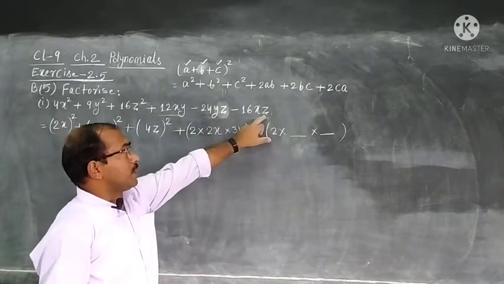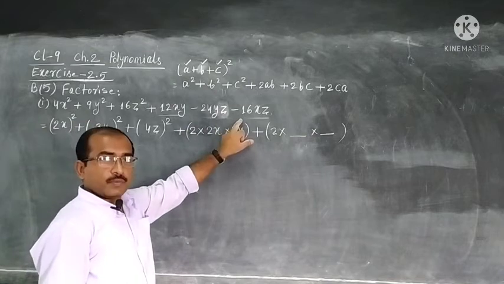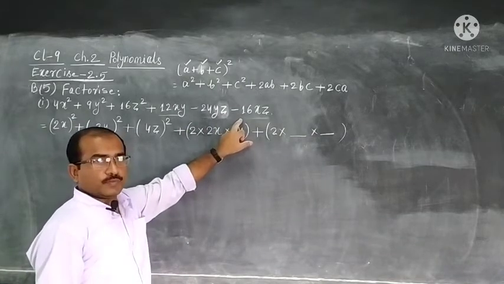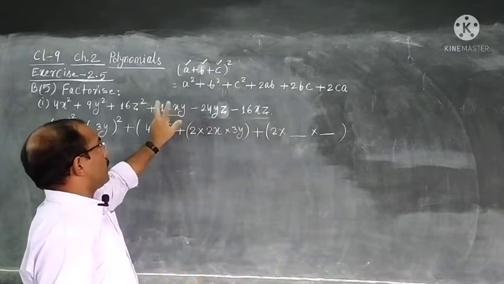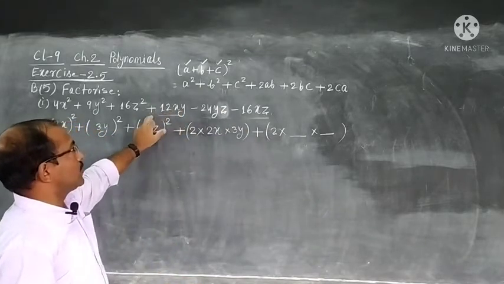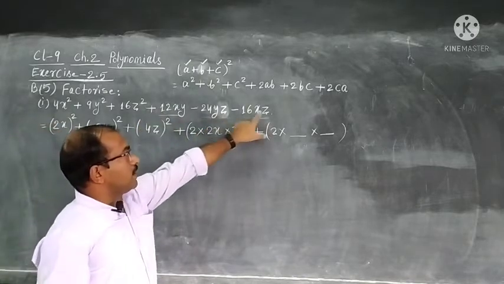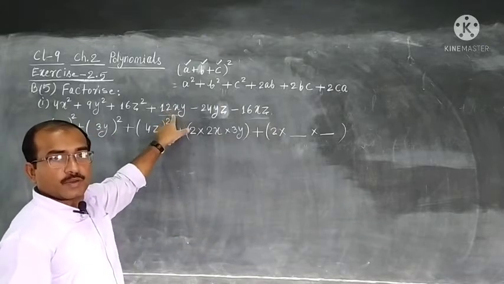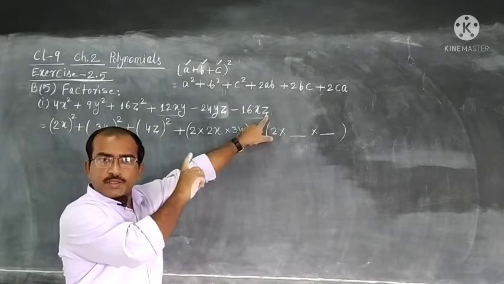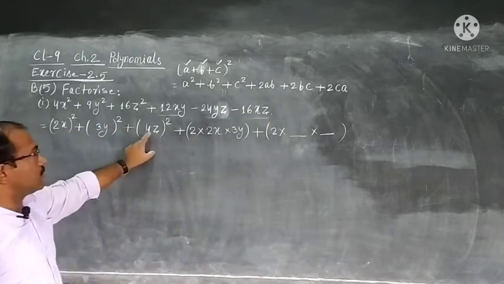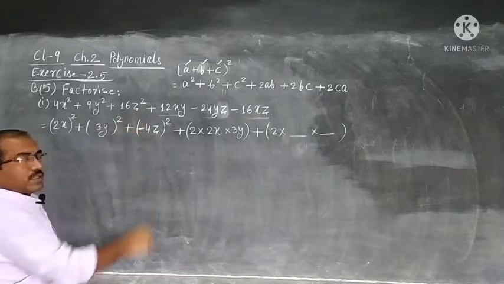And in these two terms z is coming and both are negative. So by noticing and observing properly, x and y both are in the first term, it is plus, that means x and y both are positive. Z is coming here, z is not there in this term. So wherever z comes, that term is negative. That means this z term is negative, we have to use minus here.